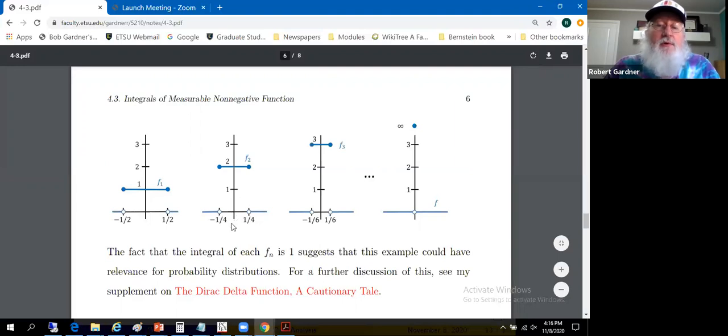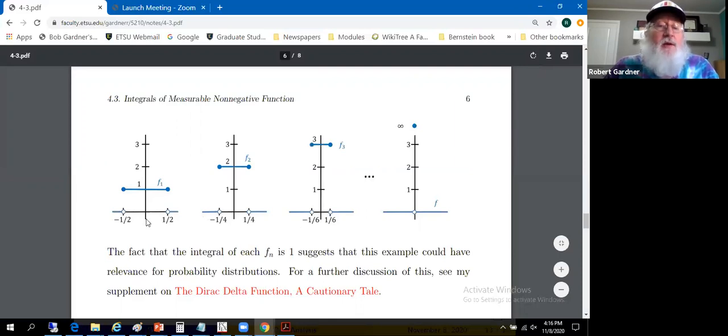N equals 2, negative 1/4 to positive 1/4 takes on the value 2 and 0 outside it. N equals 3, negative 1/6 to 1/6 takes on the value 3 and 0 outside that.